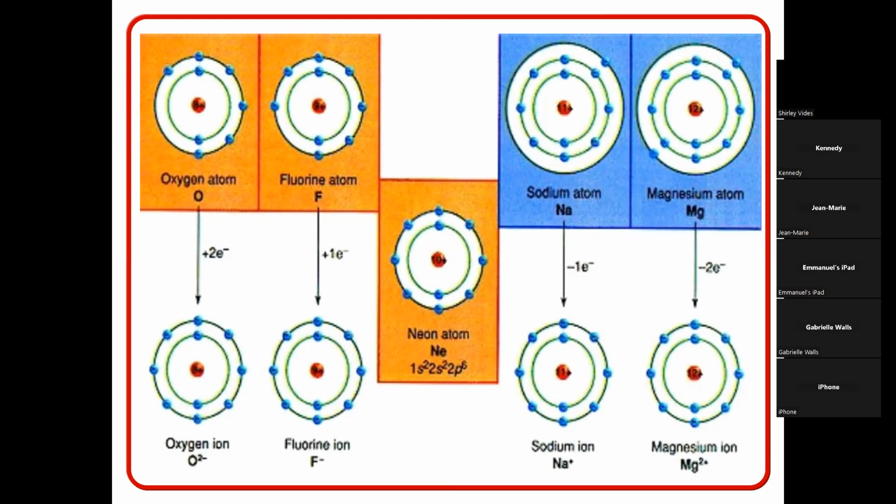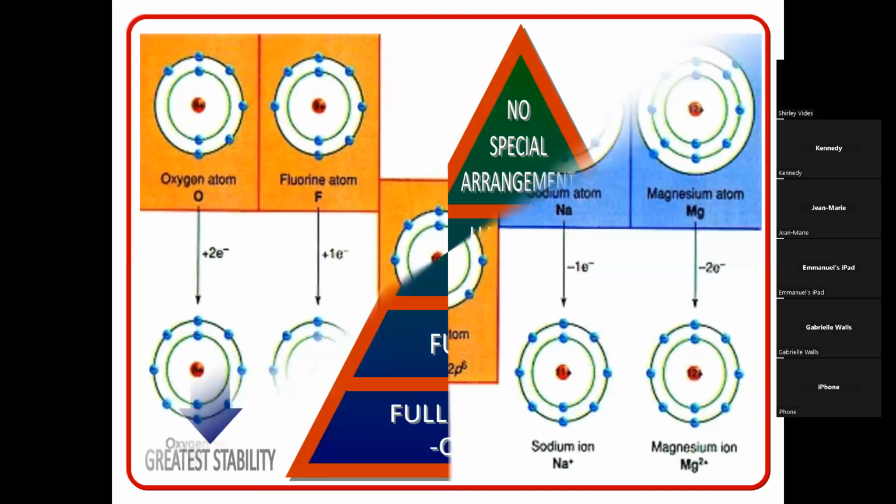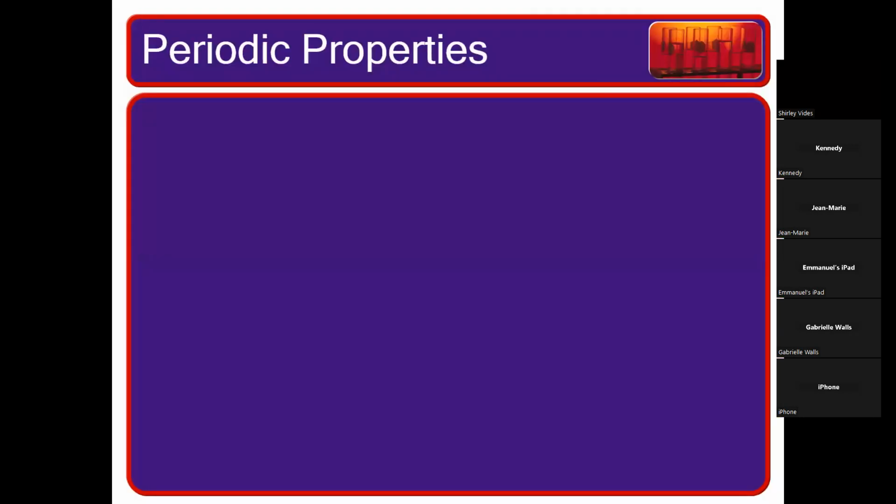If you look at every one of these, they all look like neon because they're all full, like neon is. The oxygen atom now looks like neon once it gains electrons. The fluoride ion also looks like neon once it gains one. And so do sodium and magnesium, because they lose that extra level. All right, we're not talking about those just yet.